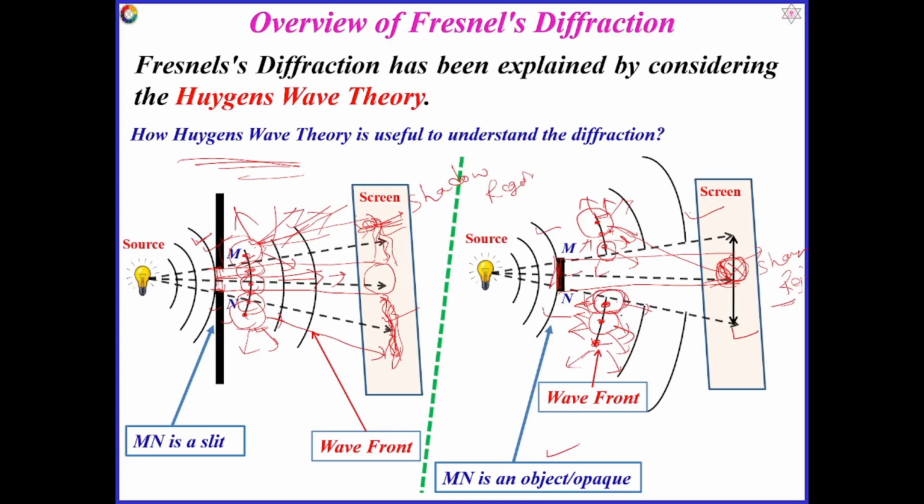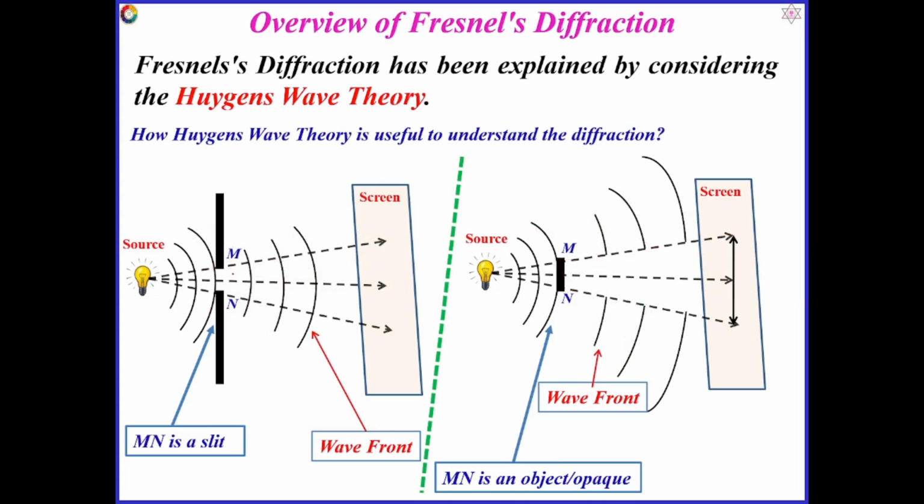When it propagates in all directions, it will also propagate towards this region, which is the so-called shadow region for this case. So here we found that according to Huygens wave theory, light travels not only to the illuminated regions but also to the shadow region.